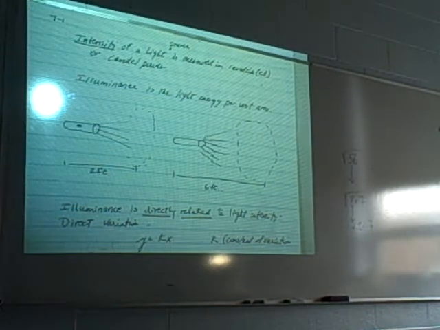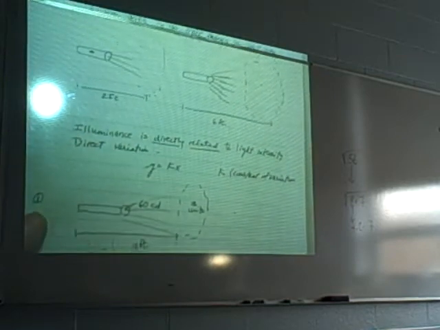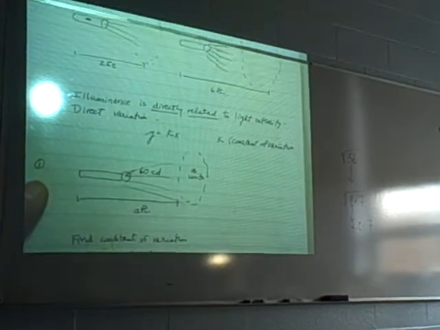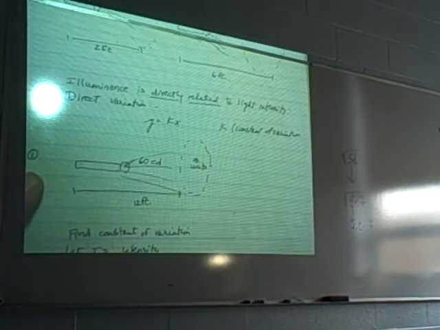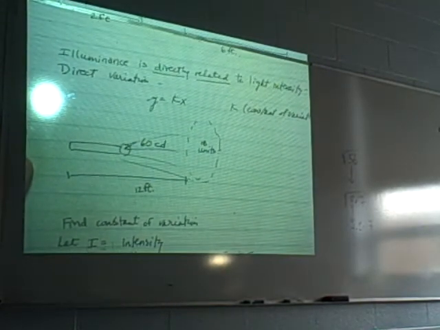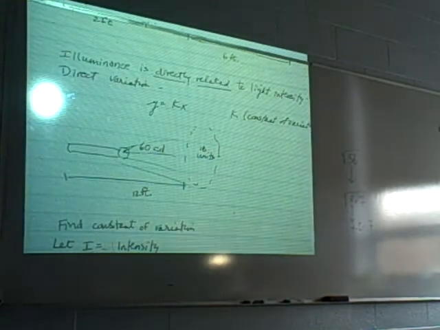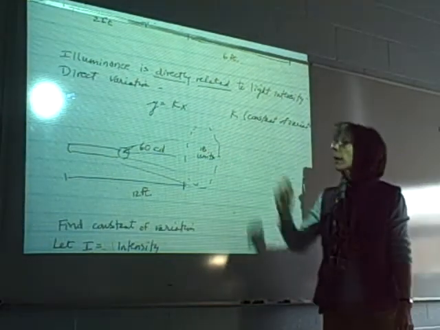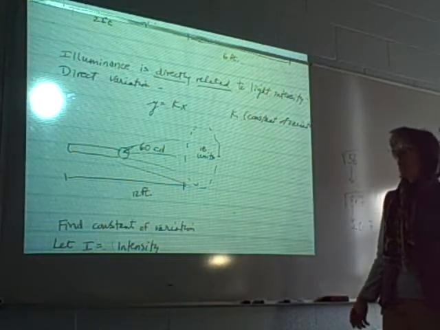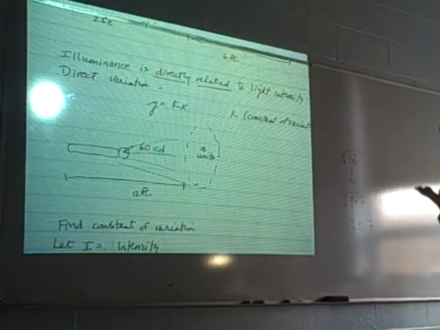So I'm going to move this up a little bit. So, we just talked about illuminance being directly related to the light intensity. So we have direct variation. And what we're going to be doing is just translating what is dependent on what.